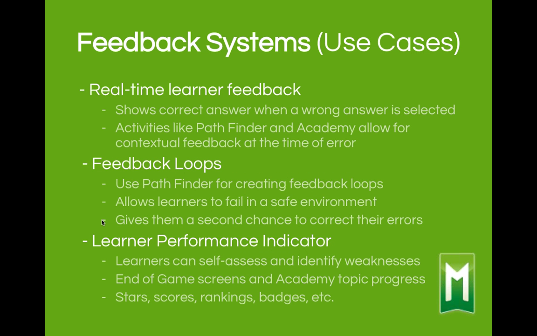But a lot of the newer activities like Pathfinder and Academy also have the ability to provide not only the fact that it was an incorrect answer, but additional feedback that the developer of that activity and that mission can put in there, so that they get feedback and remediation based on which incorrect answer they selected.